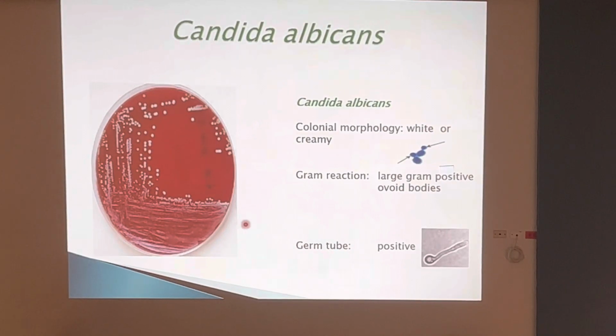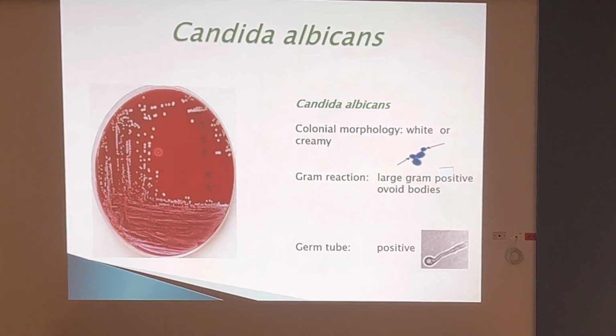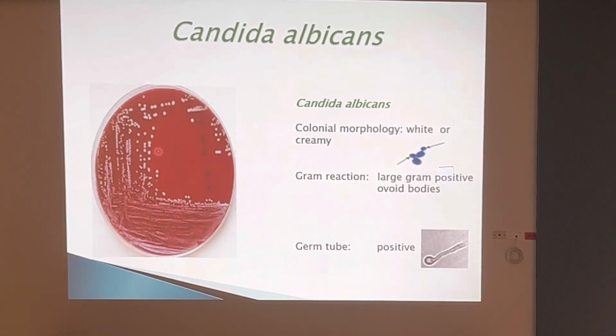We perform what is termed as a germ tube test. So what we do is we take up a bit of the growth, we inoculate that into a tube containing less than a mil, maybe about 300-400 microliters of serum, and then we incubate that overnight.